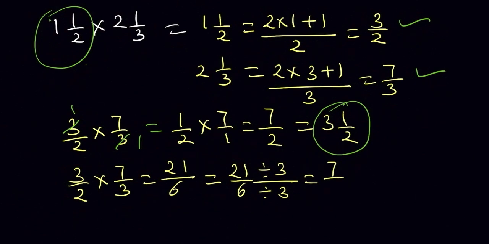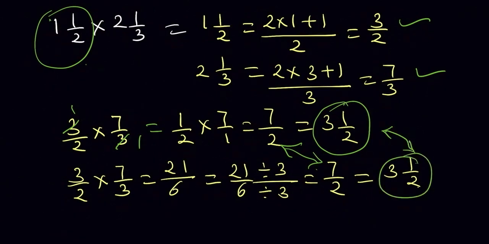It will be 7 by 2. Now convert this 7 by 2 into a mixed fraction. We will get 3 1 by 2 the same way. Correct? This is our answer.